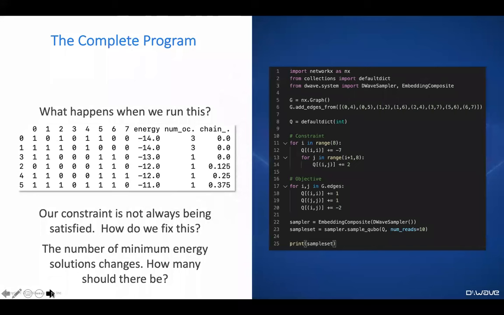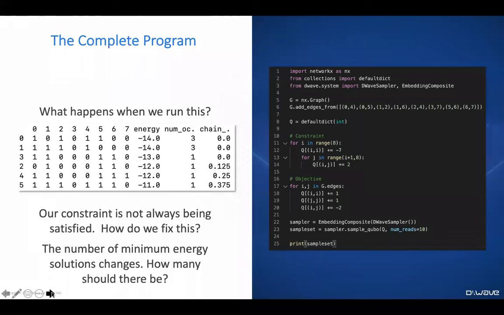Finally, then on line 22, we send it to the quantum computer with 2 steps. The D-Wave sampler is the step that sends it to the quantum processing unit. And then the embedding composite wrapped around it says, hey, quantum computer, embed this problem on your graph. There's a video about embedding if you're interested in that.